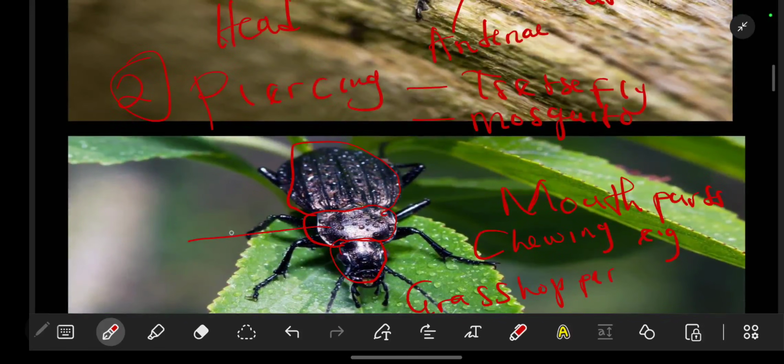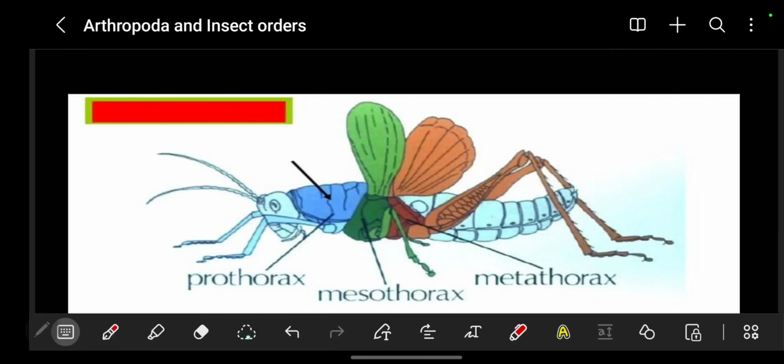The thorax region is divided into the prothorax, the mesothorax, and the metathorax, as shown in the diagram. Just look at the alphabet for mesothorax: this S, like that.